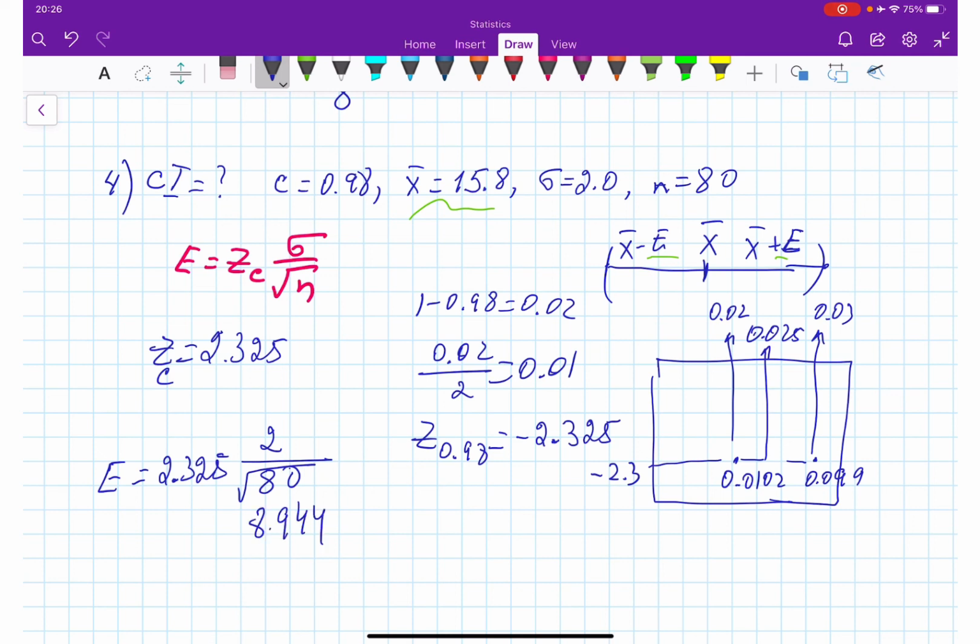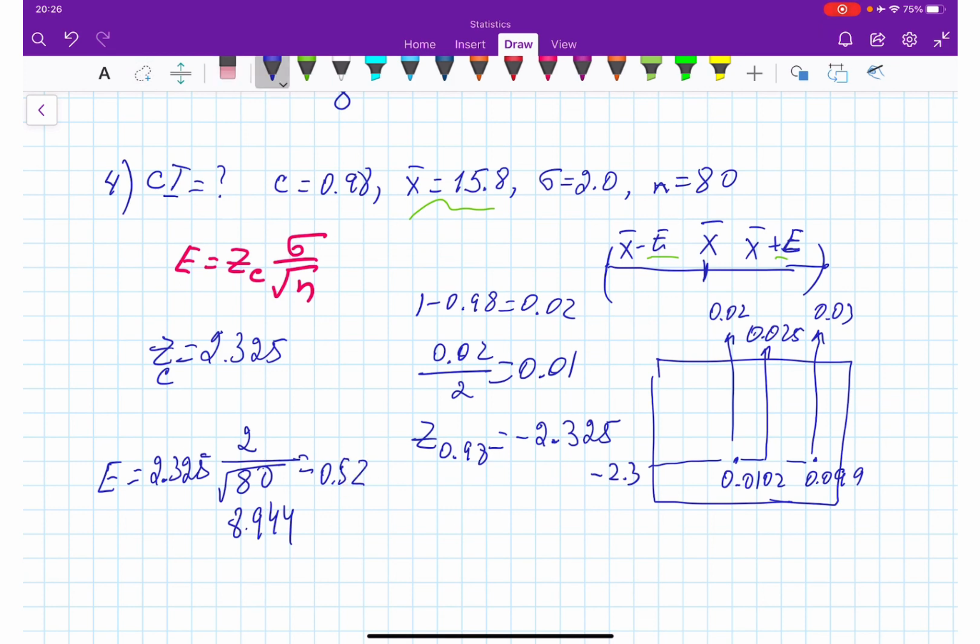Okay, so from here, 2 divided by 8.944, it's getting 0.2236, and multiplying by 2.325, and we are getting 0.52. Okay, let me combine. 0.52.